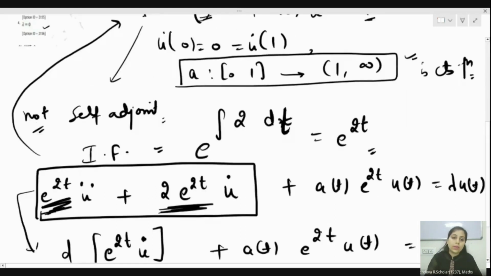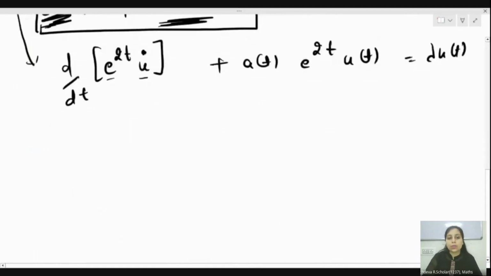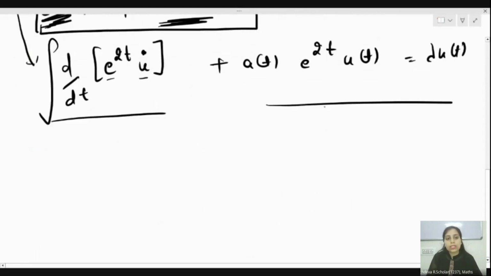Now we also have the boundary conditions: u derivative at 0 is equal to 0, u derivative at 1 is equal to 0. Now we can integrate the whole equation, with 0 and 1 as the limits of the boundary value problem.